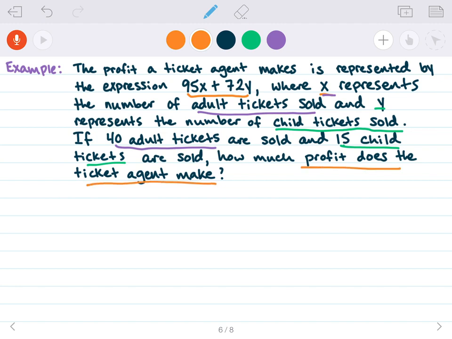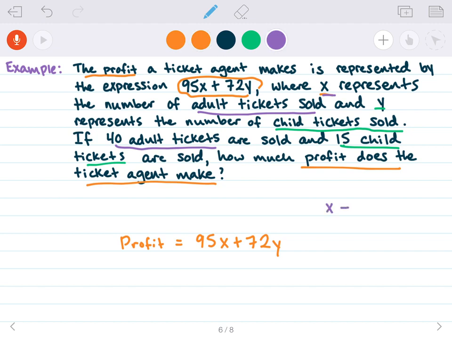So the first sentence tells us what the profit is. Now that doesn't make much sense to us because we have variables. I always like to just say what everything equals. The profit is equal to 95x plus 72y. Now x represents, okay, so let's write it here.